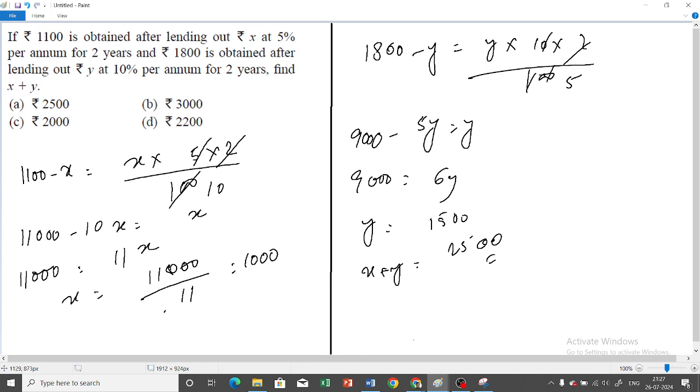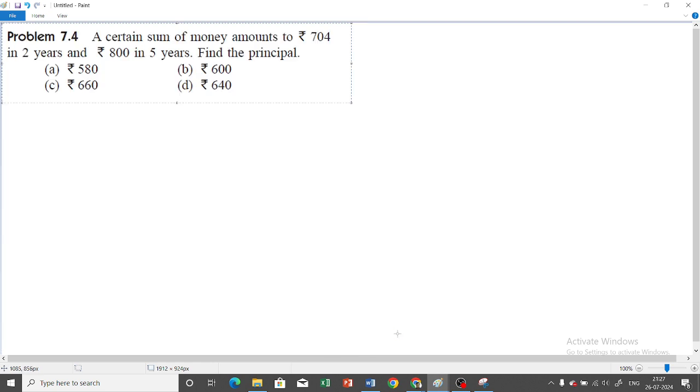Let's try out this one. A certain sum of money amounts to this in 2 years and this in 5 years. Find out the principal. These are all school level sums. We don't have to do too many sums from Arun Sharma.